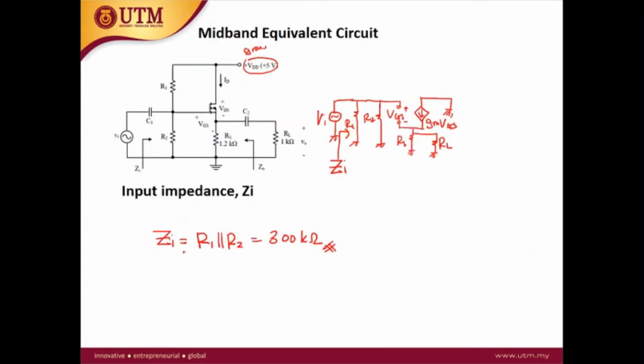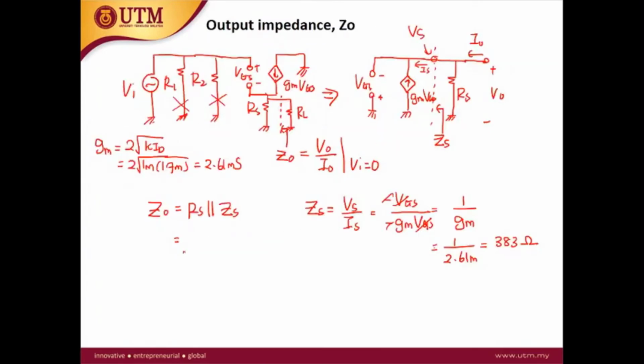RS is not 1K. RS is 1.2K. RS is 1.2K parallel with 383. So this will give the answer 290 ohm. So this is the solution for the output impedance.